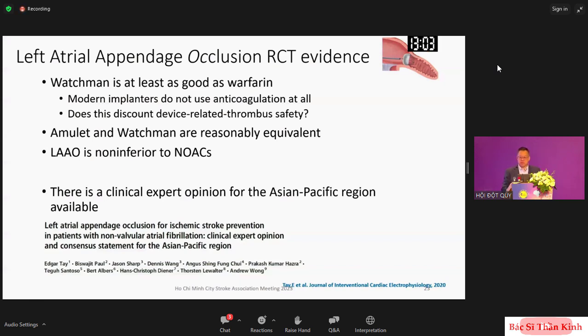I won't go through the paper in detail, but the conclusions were that we probably should not offer the procedure as being equivalent to anticoagulation to the average patient, but it is very reasonable to offer left atrial appendage occlusion in any patient who has had or is likely to have problems with anticoagulation, for example, due to high bleeding risk.